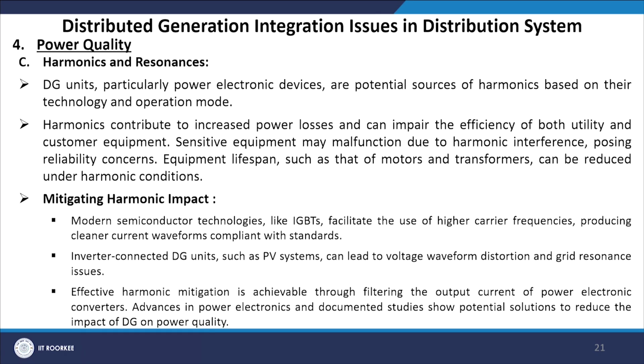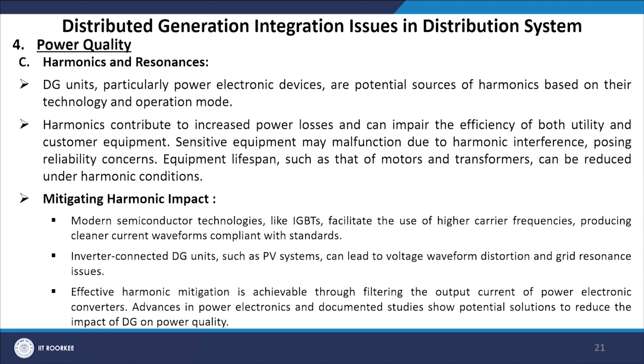Harmonics and resonances. DG units, particularly power electronic devices, are potential sources of harmonics based on their technology and operation mode. Harmonics contribute to increased power losses and can impair the efficiency of both utility and customer equipment.